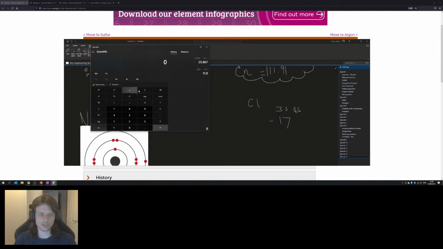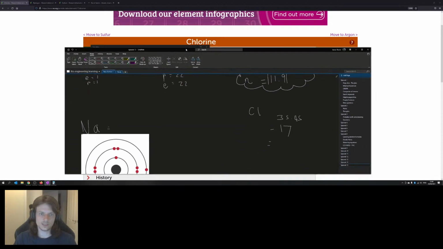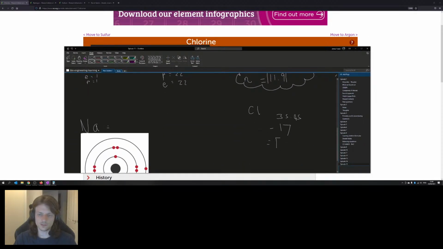35.45, take away 17 equals 18.45, and that's going to be the neutrons.